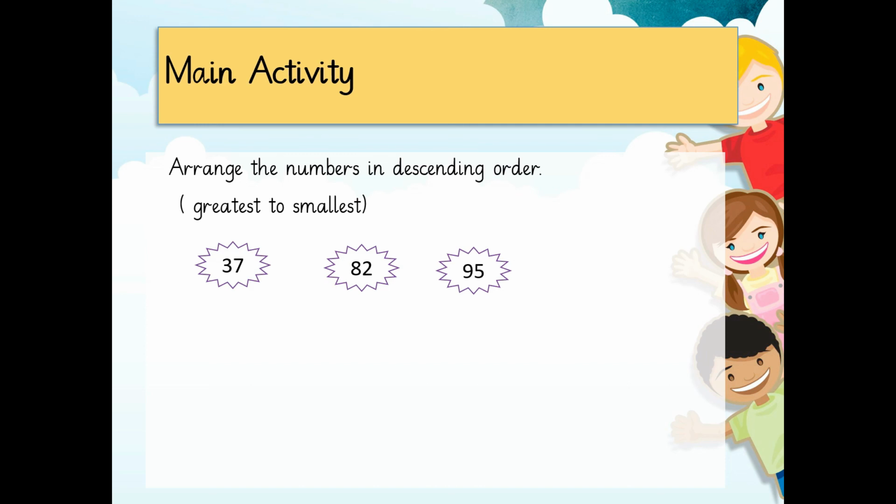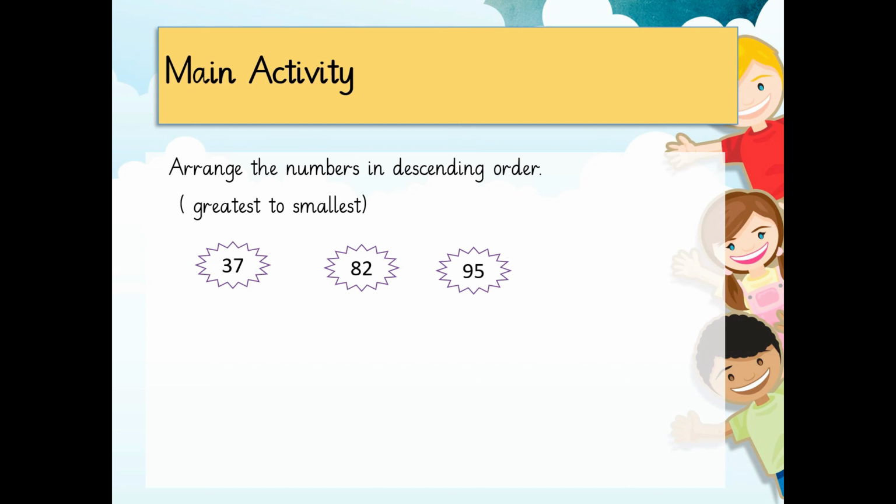You have to compare these three numbers in the same way, in relevance of place value. Yes, we have units and tens in each of the given numbers. So we will start comparing with greater value, that is tens. We have 3 tens in the first number 37, 8 tens in the second number 82 and 9 tens in the third number 95. So which number has the highest tens? 95.